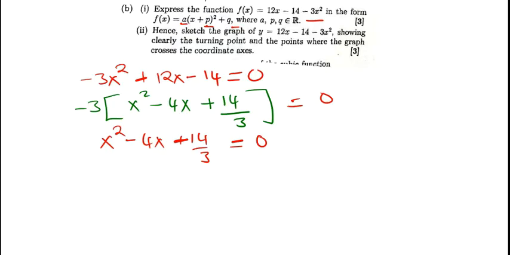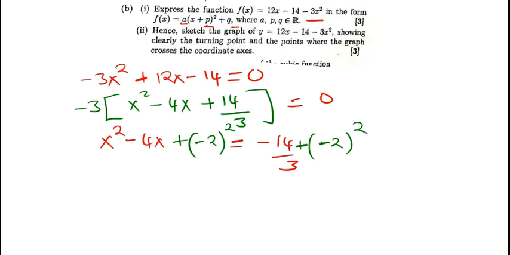So if the constant goes to the other side, or we subtract both sides by 14 over 3, we're going to have a minus 14 over 3 on the other side. Then let's add to both sides the half of the middle part, which is minus 4. So we'll add minus 2 squared, that's a half, to both sides. The half of b is negative 2.